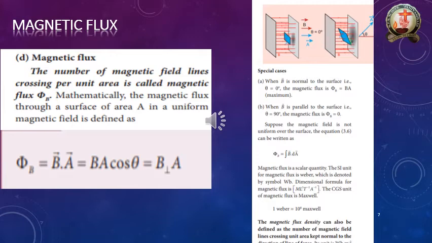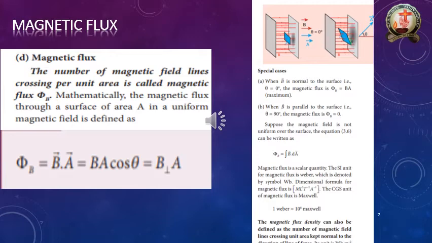And the next one: when B bar is parallel to the surface. B bar parallel to the surface means the angle between the magnetic field and the area vector is 90, correct?